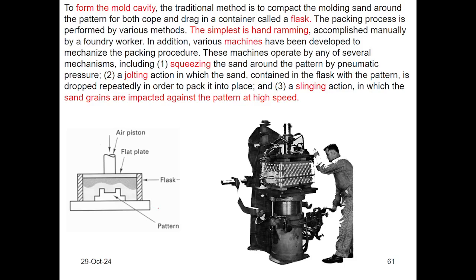We put the pattern and we pour the sand particles. It is a mixture of water, sand particles, and clay in green mold. In dry mold, some special chemicals, bonding materials, are mixed with sand particles.